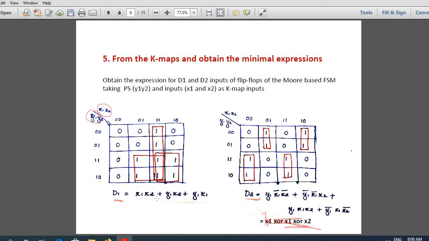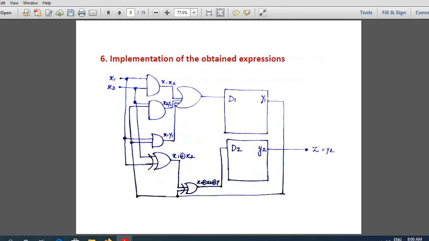And this one is x1 x2 plus y1 into (x1 plus x2), you can take y1 as common. So that way you can draw the equation.